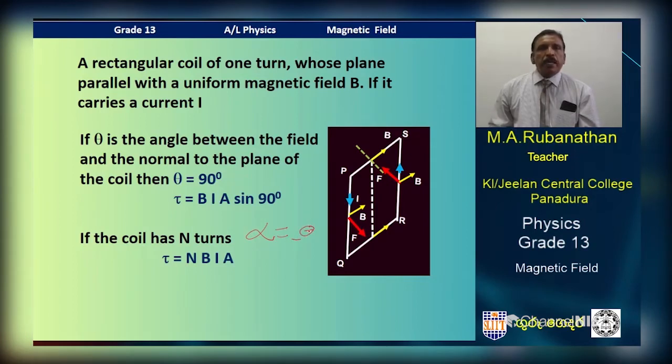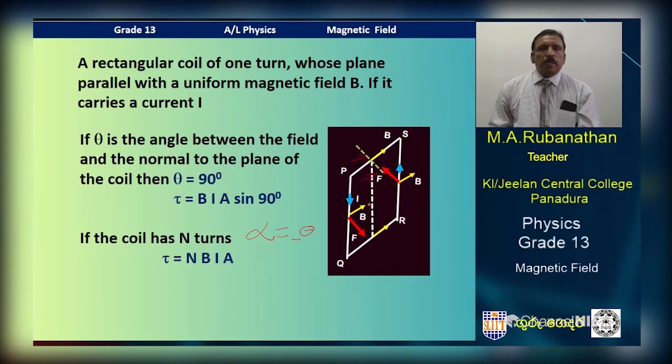That's why the coil plane is parallel to the magnetic field. Better see that dotted line in the picture. This is the normal.